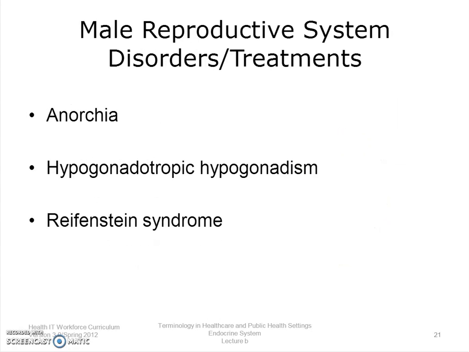Anorchia is absence of both testes at birth. Hypogonadotropic hypogonadism is the absence or decreased function in the male testes.